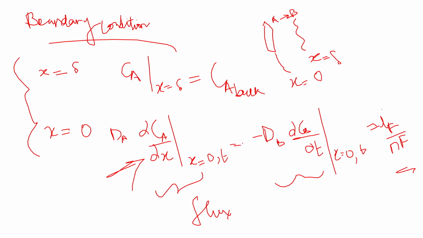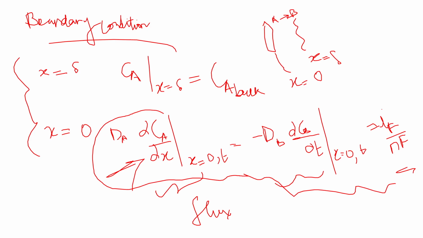At the electrode surface, we are relating the flux of the species, here A giving B, so the inlet flux of A to the output flux of B is related to i by nF. There the species flux is related directly to the current. So they are asking indirectly about the boundary condition. That is, at the electrode-electrolyte interface, the flux of species A, that is D_A dC_A/dx, equals minus D_B dC_B/dx, with x being the distance.